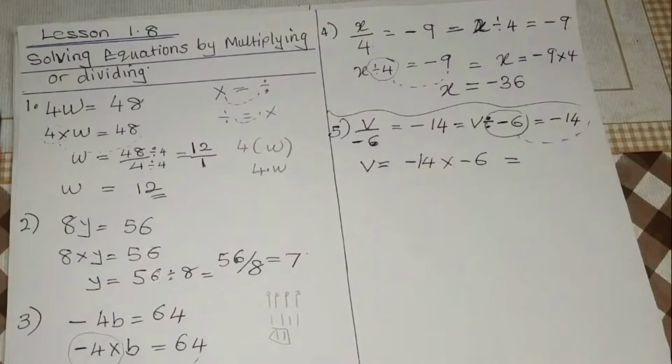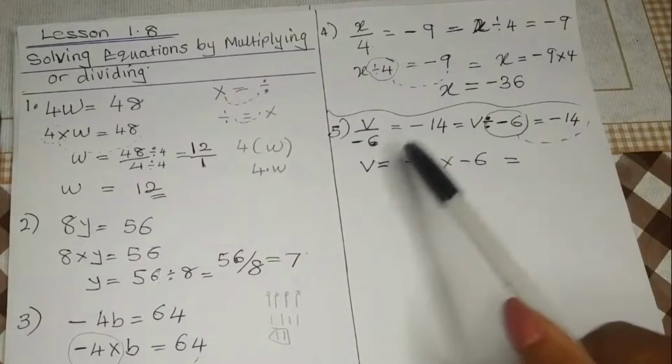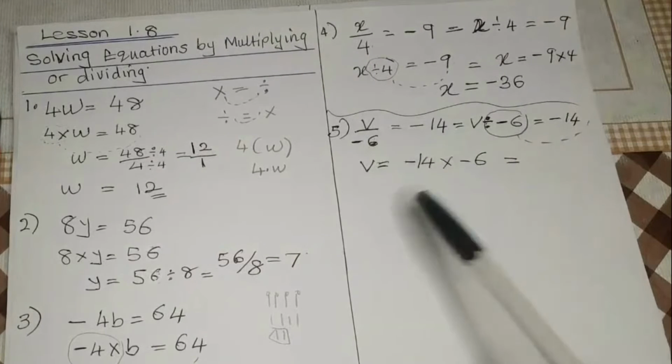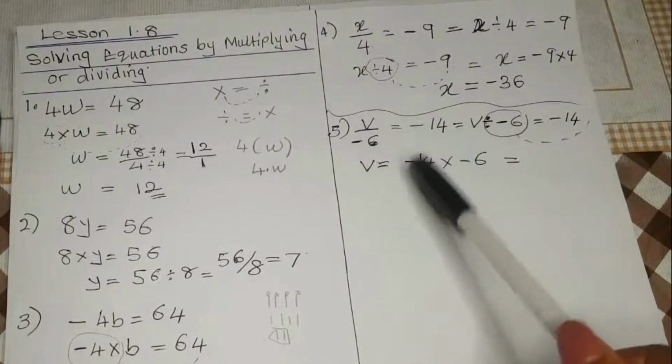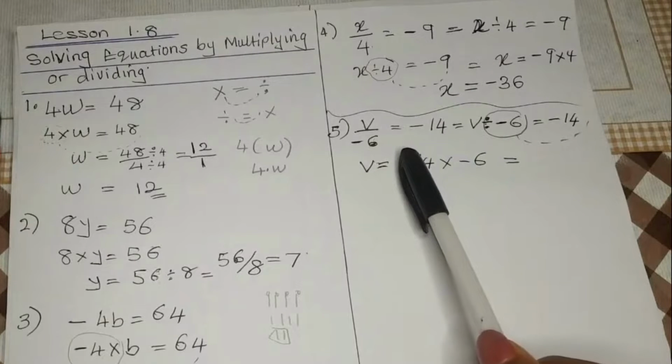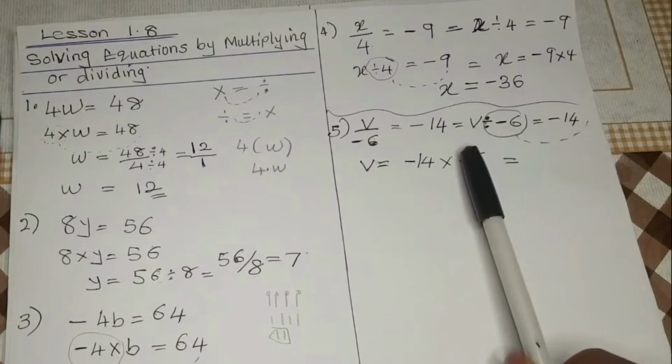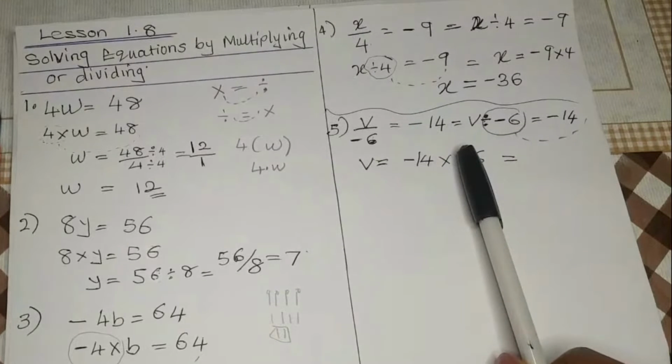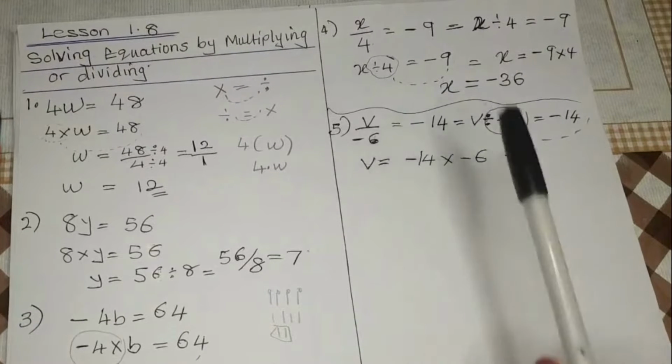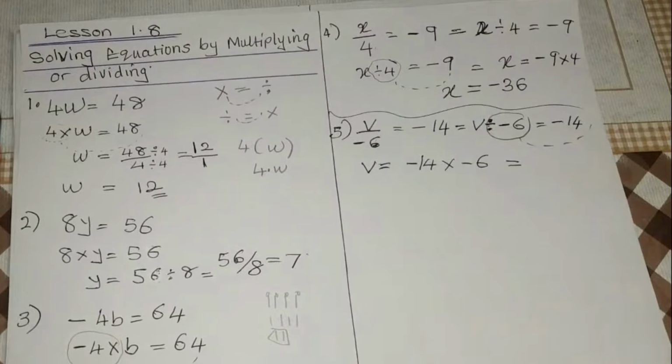Even in division, when you have two numbers with the same sign, your answer will be positive. If one of these is negative, your answer will be negative. If 14 is negative, your answer will be negative. But where 14 and 6 are both negative, your answer will be positive because they cancel each other out.